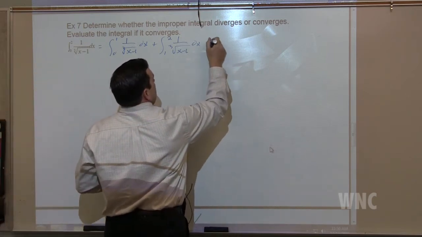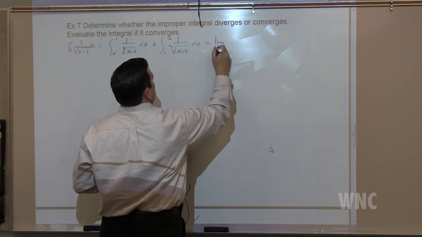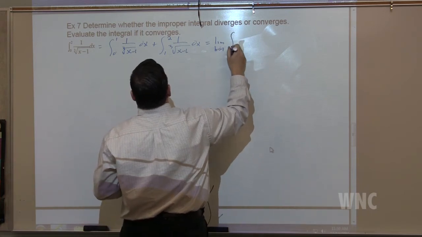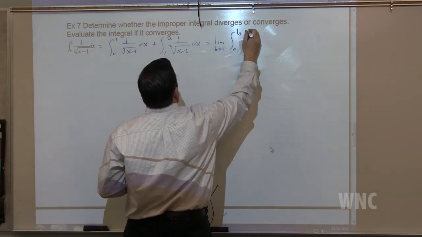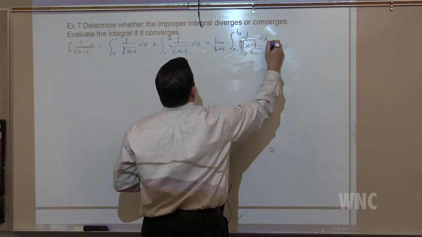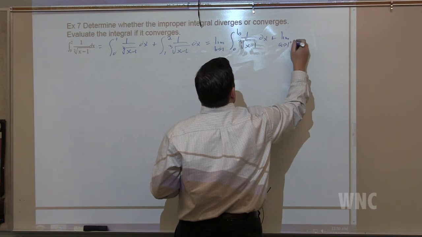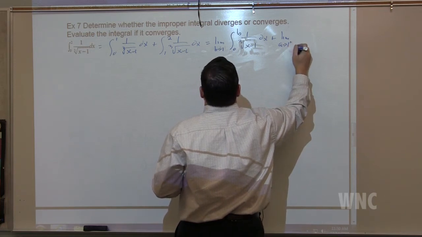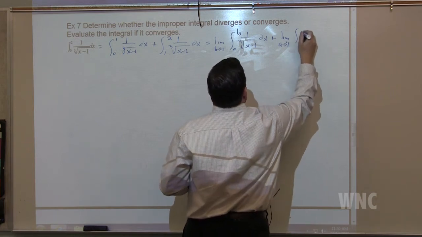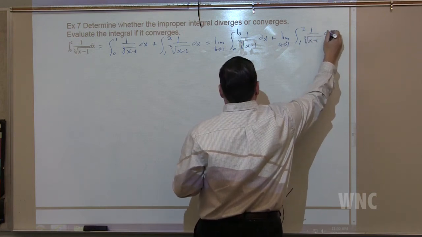So we'll take the limit as, I'm going to do b, as b approaches 1 from the left side of the integral from 0 to b of 1 over the cube root of x minus 1 dx plus the limit as a approaches 1 from the right side, integral from 1 to 2 of 1 over the cube root of x minus 1 dx.